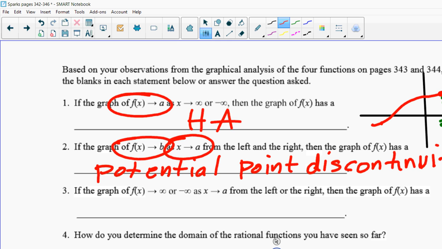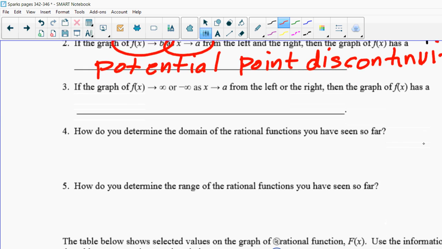But I don't have a discontinuity there, do I? But the y values are approaching the same number, aren't they? So just because the y values approach the same number, there may not be a hole. There may be, but it may be filled in, and there's not a hole at all, and this thing's continuous. That's why there might be a point discontinuity, because the hole might be filled in. Right.